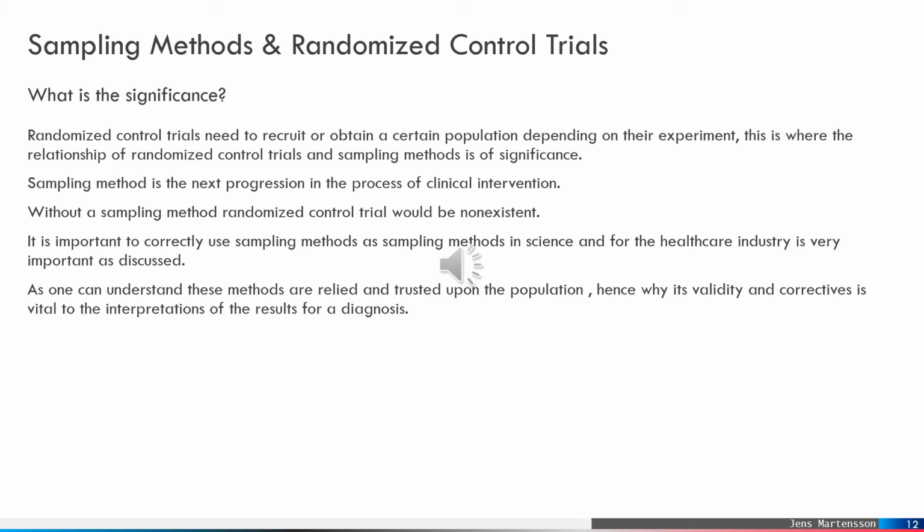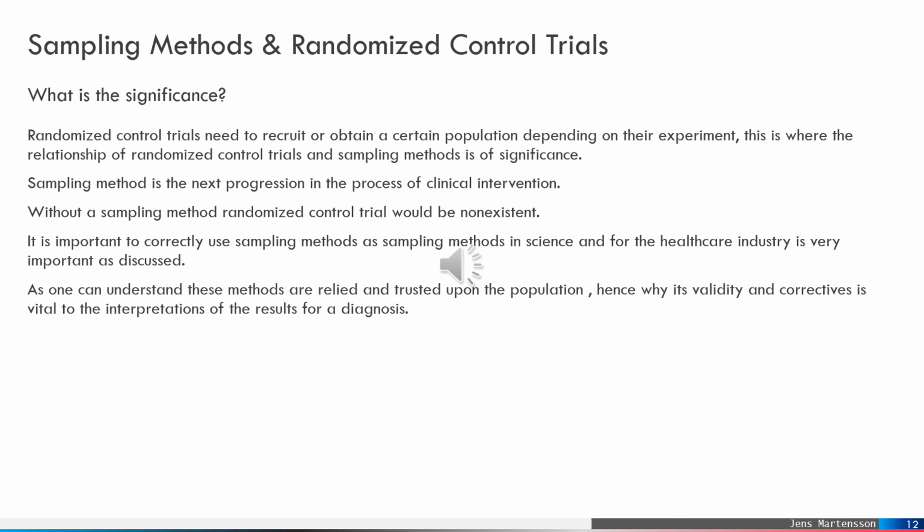Sampling methods and randomized controlled trials. What is the significance? Randomized controlled trials need to recruit or obtain a certain population depending on their experiment. This is where the relationship of randomized controlled trials and sampling methods is of significance. Sampling method is the next progression in the process of clinical intervention.